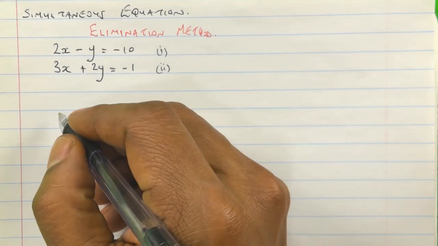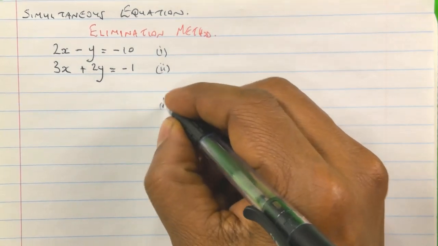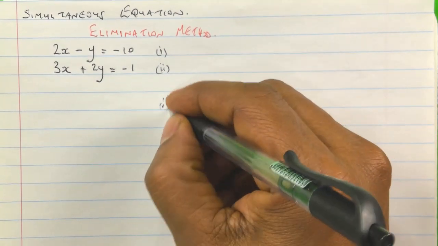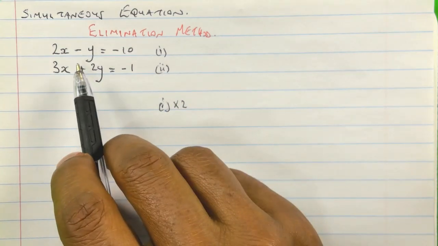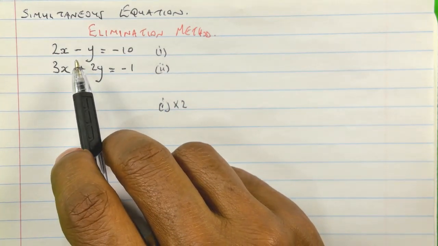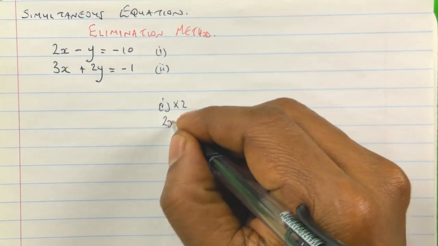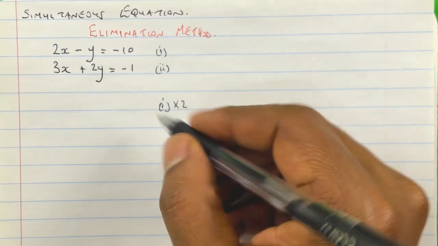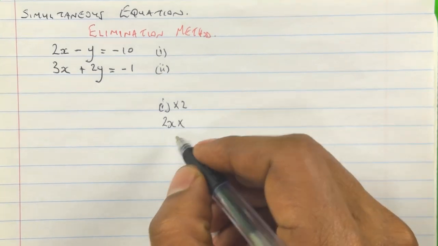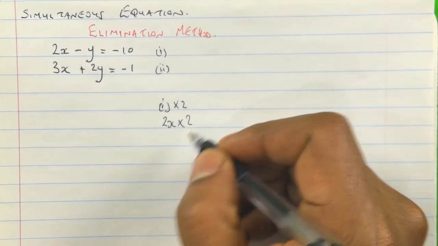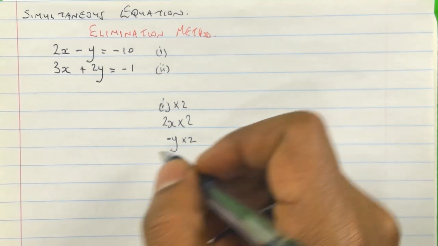So what am I going to do? I am going to say I am multiplying the first one by 2. So if I'm multiplying this one by 2, what am I saying? I'm saying 2x, I'm going to put it here because I still want that other space for the second method. So I'm going to say 2x times 2, then negative y times 2.